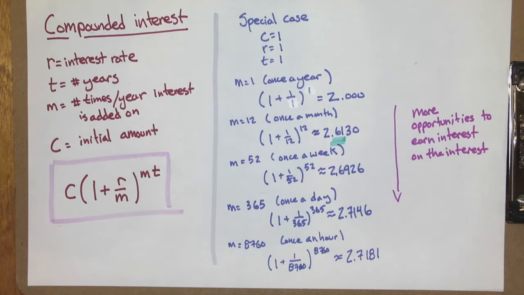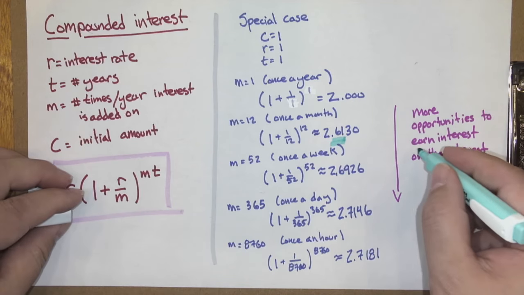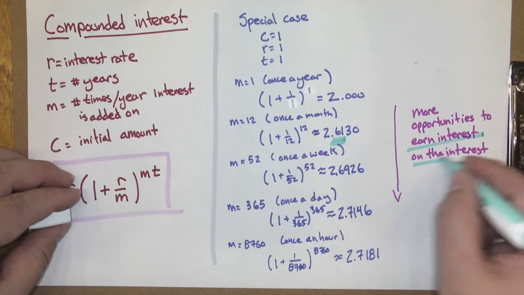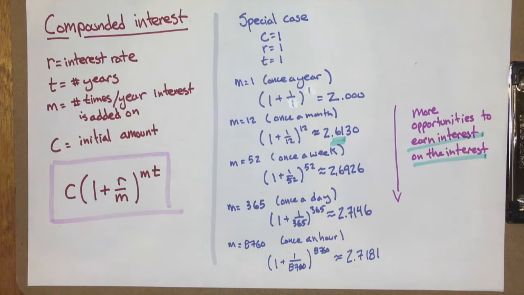So how are we earning more money? Well, the answer is we're earning interest on the interest. So the sooner we start getting interest, then that can build as well.